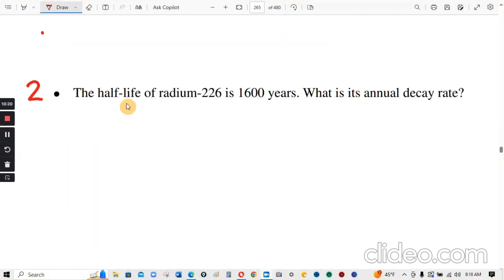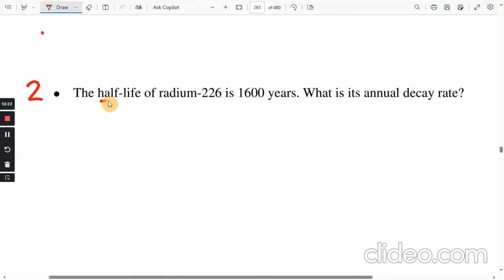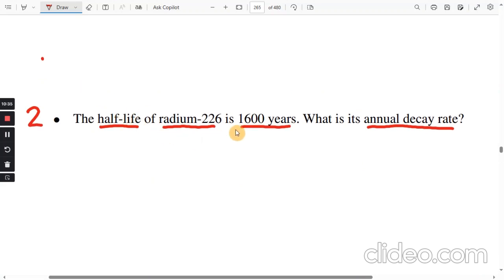All right, example 2: the half-life of radium-226 is 1,600 years. What is its annual decay rate? So, the half-life is 1,600 years.